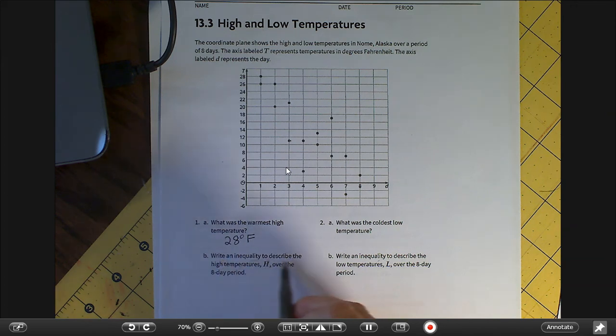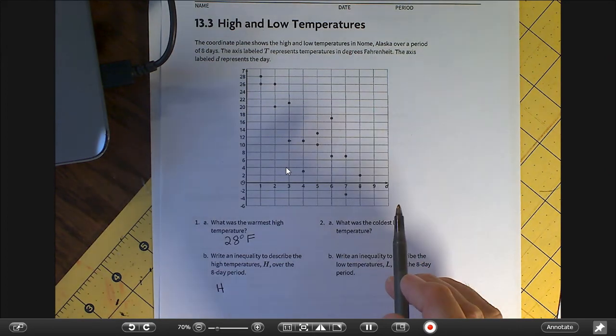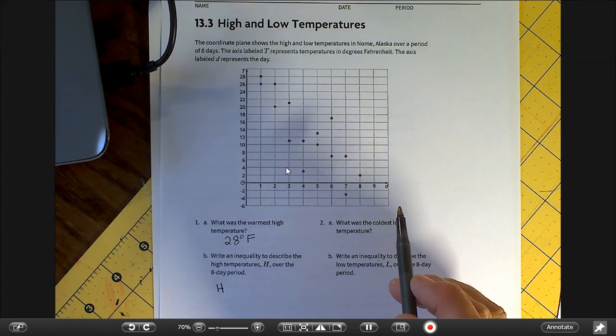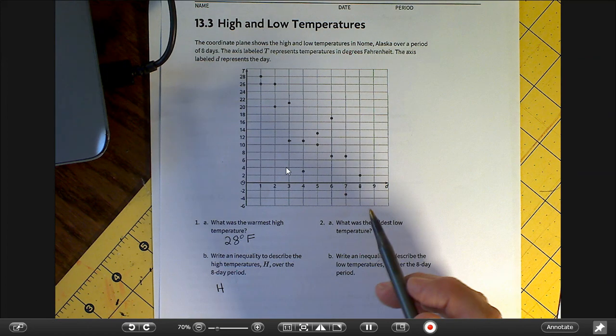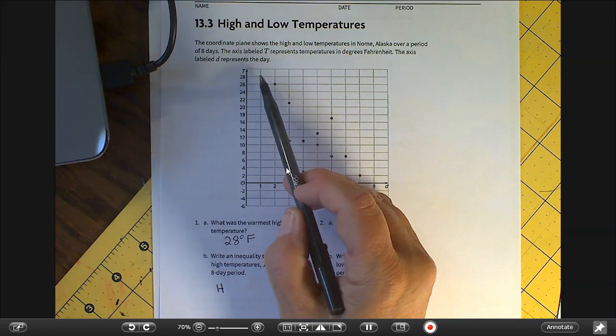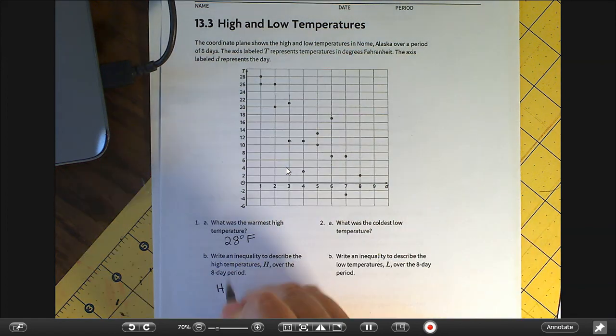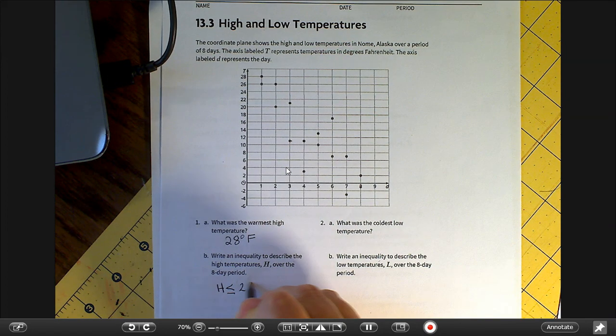Write an inequality to describe the high temperature, H, over the 8-day period. So the high temperature, let's take a look at the graph. You could say the high temperature is less than or equal to 28.